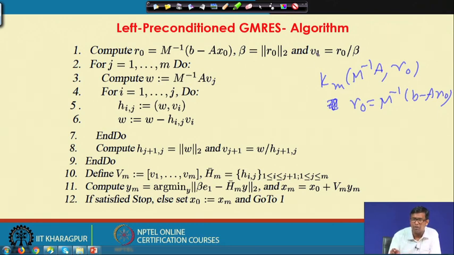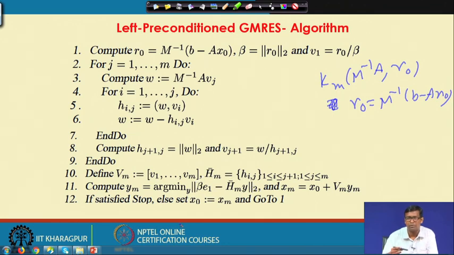Once v j is one of the basis of the Krylov subspace, we are orthonormalizing the other bases, w will be M inverse A v j, and it will follow the Arnoldi Gram-Schmidt type of steps, and then we will compute the elements of the Hessenberg matrix H, using the L2 inner product of w, and then using the L2 norm of w will normalize the v j, so that the set becomes an orthonormal set, and we will define the V m matrix and H m. Finally, y m will be obtained by a minimization of beta e 1 minus H bar m y.